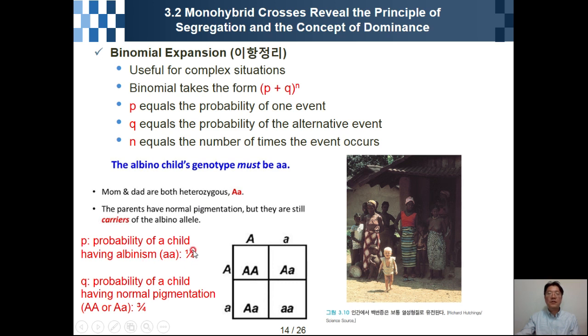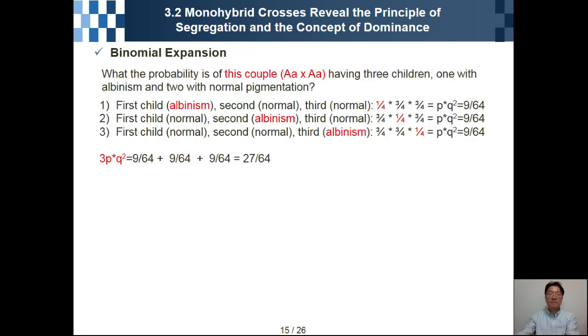Albinism will be 1 out of 4. Q equals the probability of the alternative event. Q means the probability of the child having normal pigmentation, large A large A or large A small a. It will be 3 out of 4. So Q is 3 out of 4. So what is n? n equals the number of times the event occurs. Okay, let's explain in the next slide. Okay.